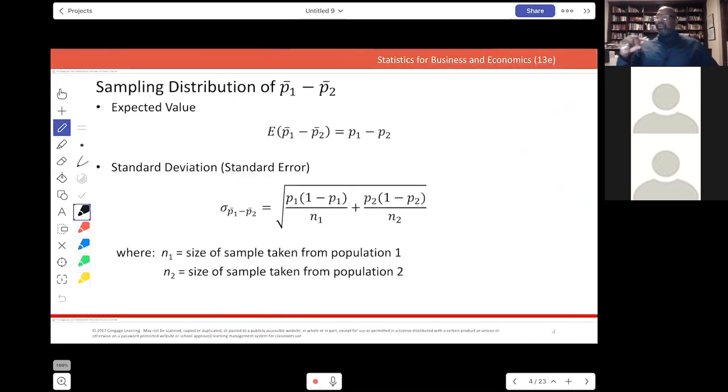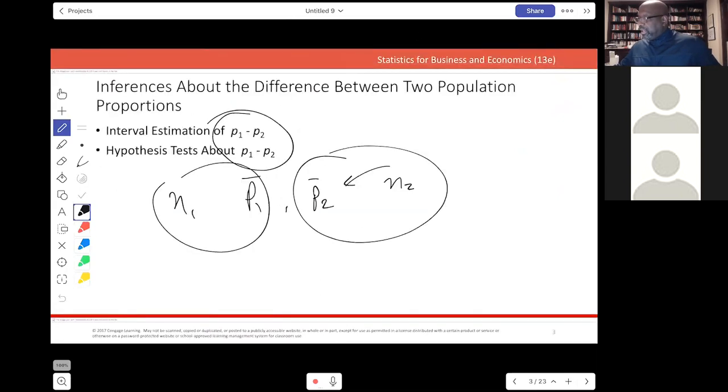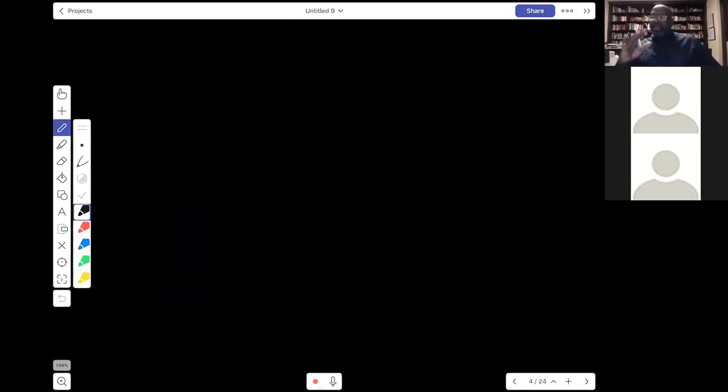So we're going to start off with a confidence interval for the difference between those two proportions. But we need two important pieces of information. If you may recall, the interval estimate for a population parameter has three parts to it.